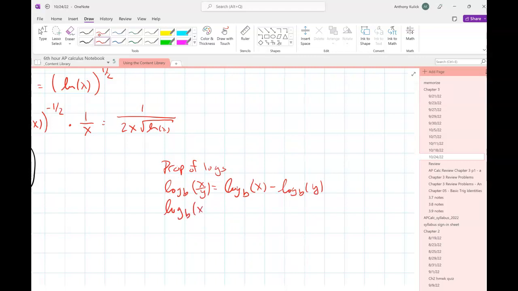And the product, the log of the product, can be the sum of the logs. And the power, the log of a power, would be the coefficient times the log.